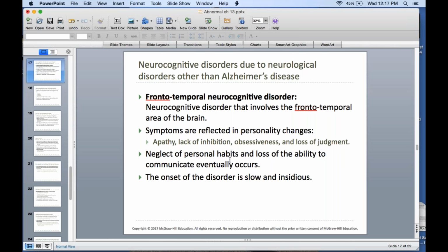People tend to neglect personal habits, and eventually they lose the ability to communicate. The onset of this disorder is slow. It's upsetting to people who are around them. It's upsetting to the person. Fortunately for the person, they actually have this loss of inhibition and loss of judgment, so in a way it's not that big of a deal. Maybe more upsetting to the caretakers at the time.